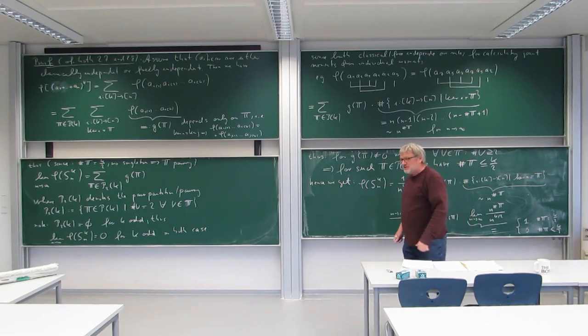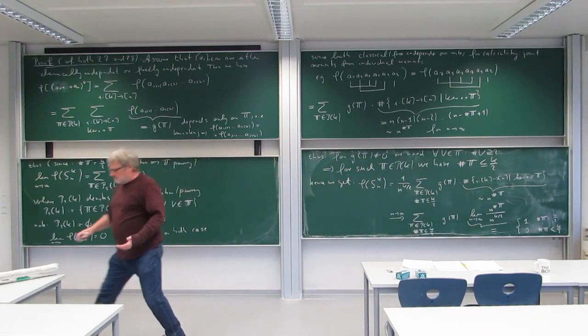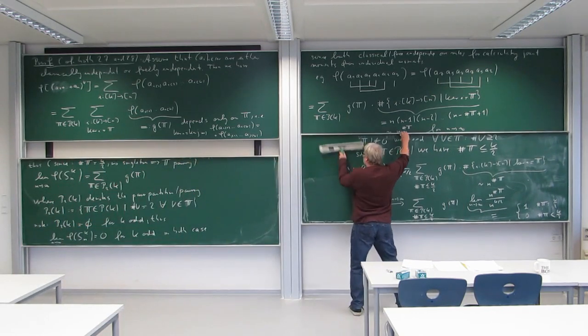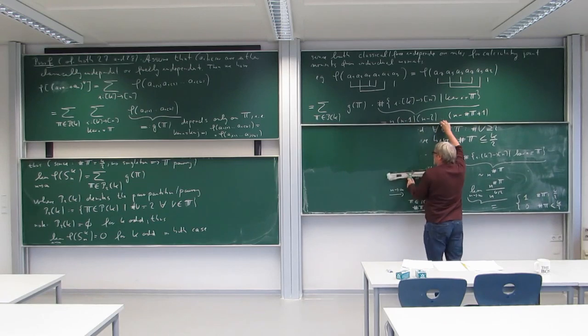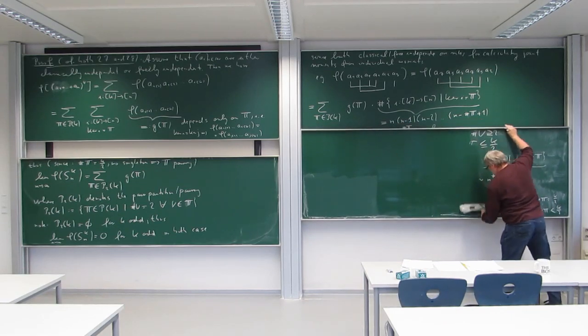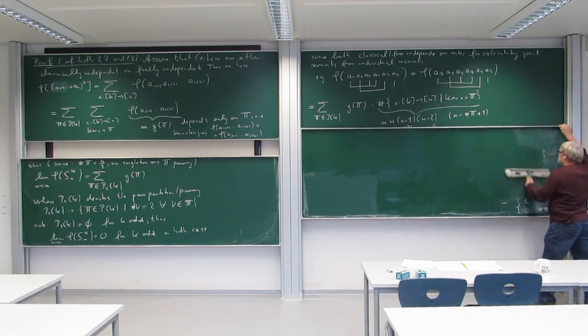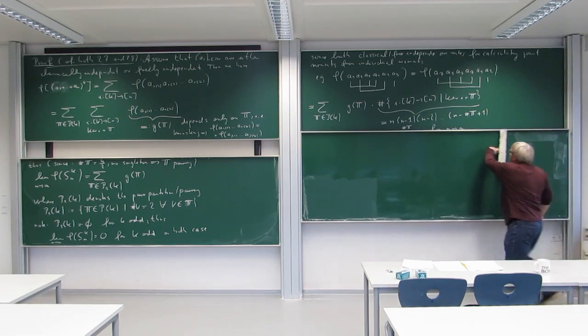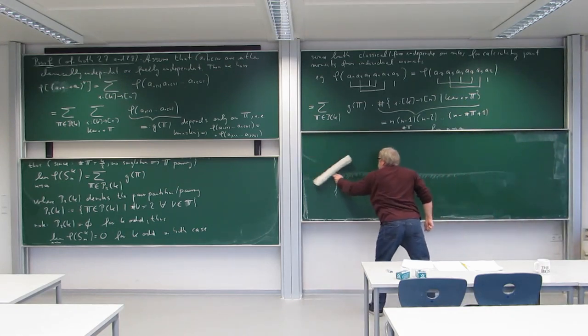And let us first look at the classical case, because there things are very simple. So now we assume that our variables are all classically independent, and we have to see what g of pi is for each pairing of k elements.